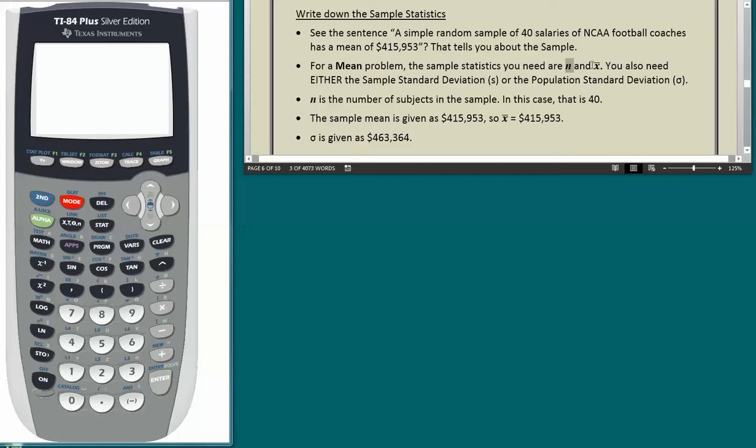So there's our n and there's our x bar. But now we also have to find this standard deviation. Sigma is given as $463,364. So now we have the three things we need in order for the calculator to do this problem for us. We have n, we have x bar, and we have sigma.